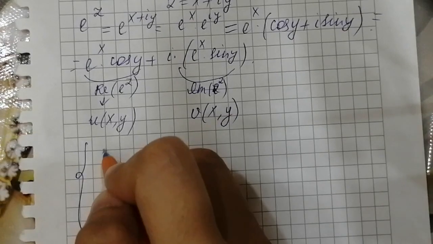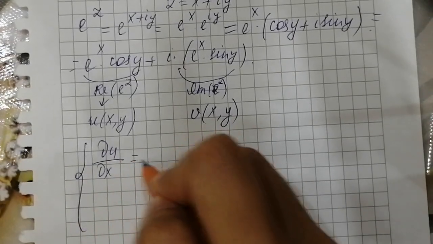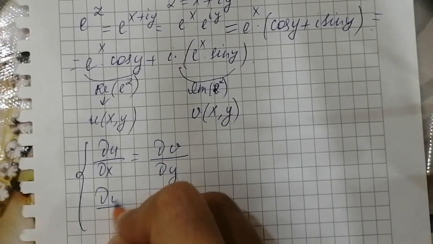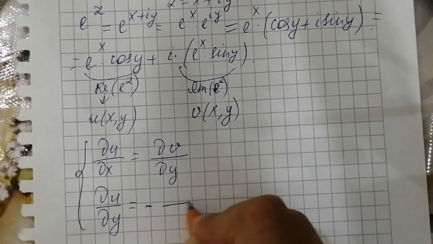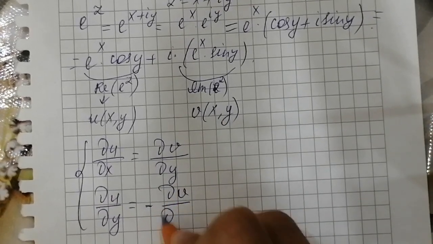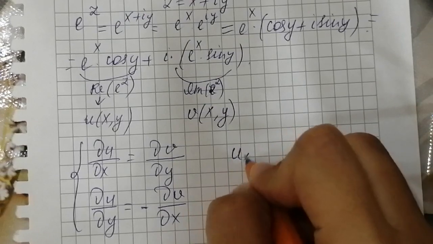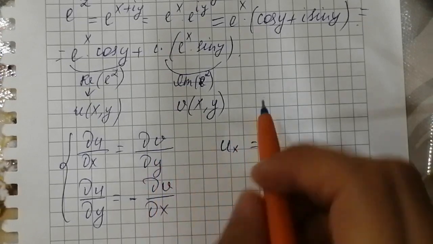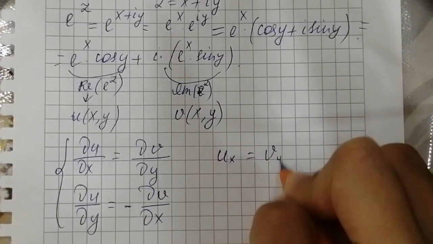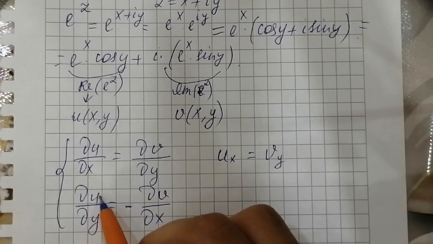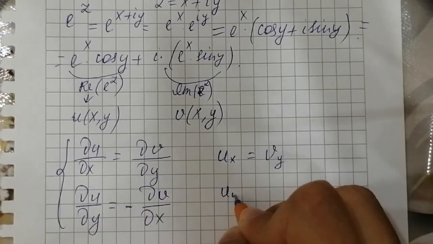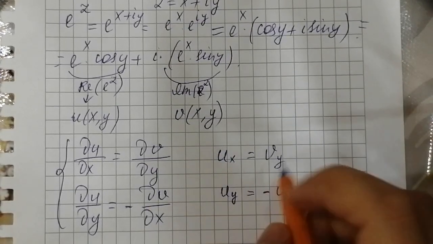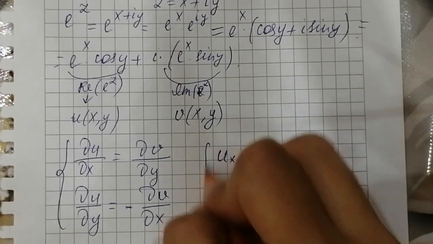Then the Cauchy-Riemann equations are du/dx has to equal dv/dy, and du/dy has to equal negative dv/dx. Here du/dx is the derivative of the function u with respect to x, and dv/dy is the derivative of the function v with respect to y, and du/dy, the derivative of the function u with respect to y, is equal to negative derivative of the function v with respect to x.